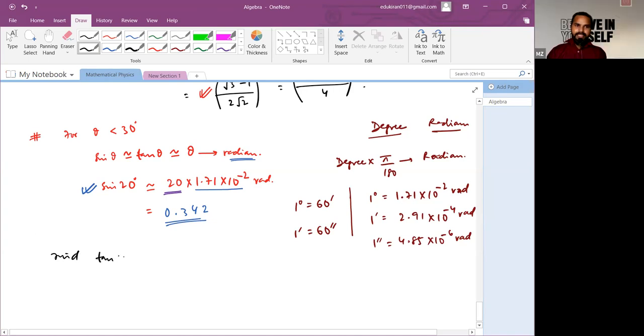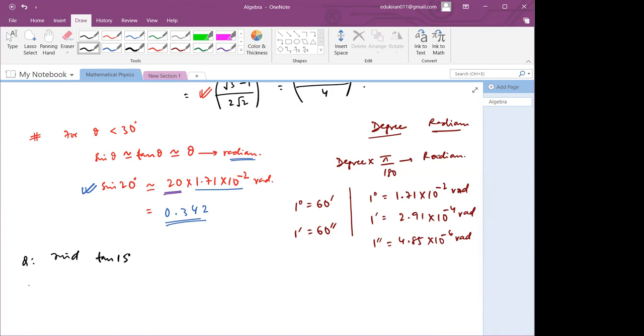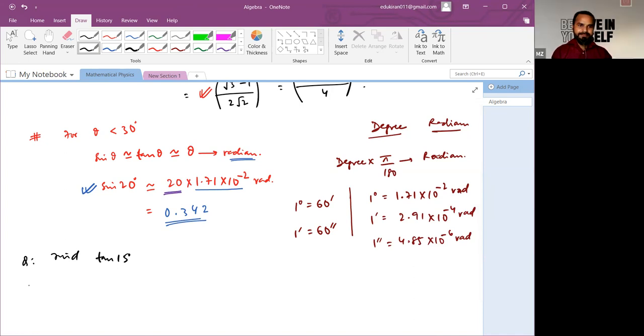Find tan of 15 degrees. Try to solve, everyone. Find the value of sine 15 degrees. You have to convert the way I have done.